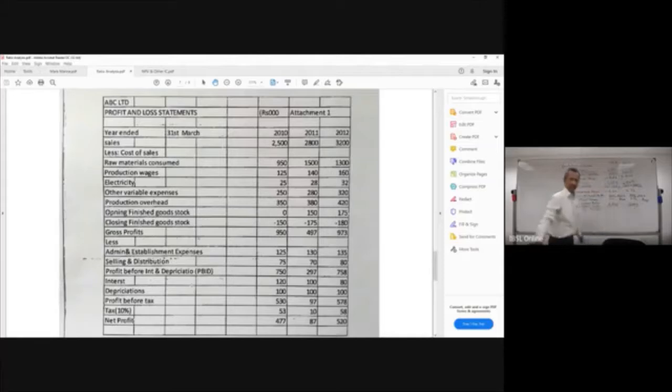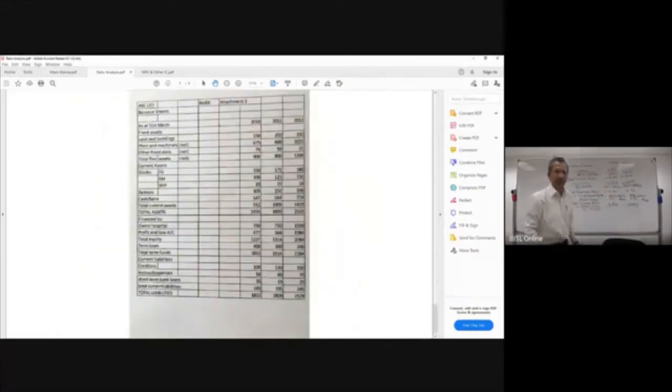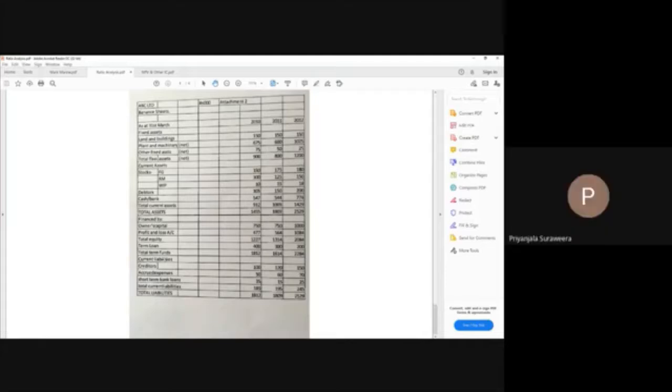Average debtors. We go to the balance sheet. Can someone tell me what is the average debtors in 2011? 105 plus 150, divided by 2, is 127.5.